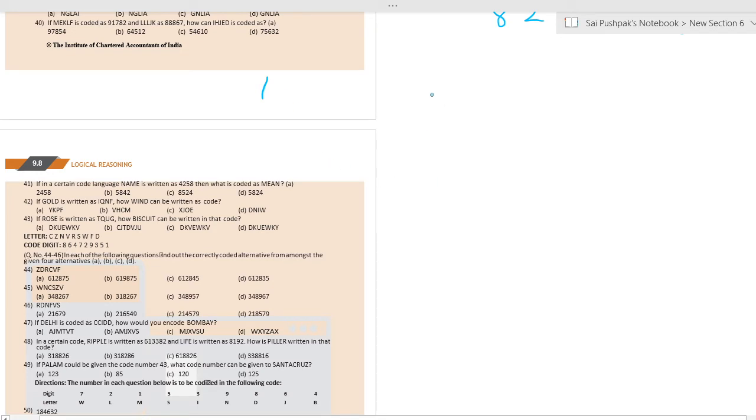And 42, guys, gold is written as I Q N F. How will wind be coded? That is the question. So guys, how G becomes I? So we need to add 2, right? Add 2. GHI, OPQ, LMN, DEF.